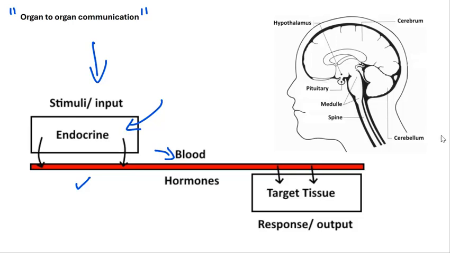The hormones travel through the blood, and they will then target various tissues, often multiple tissues actually, producing the response and the necessary output.